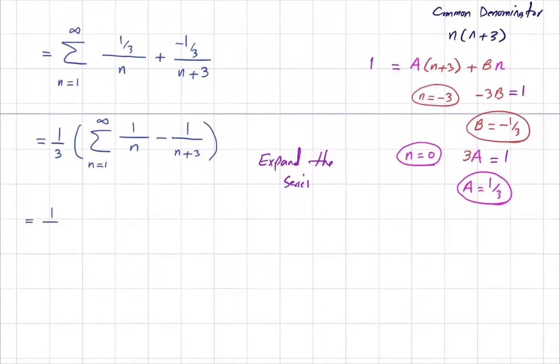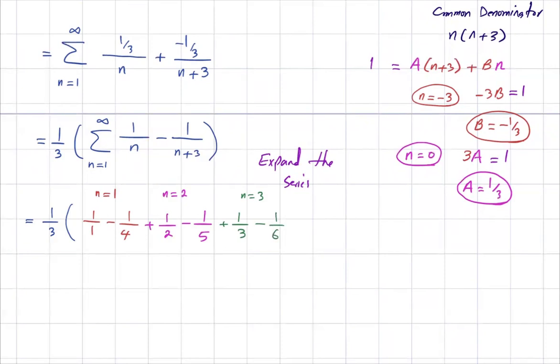Here you have 1 over 3. And if you plug in 1, when n is equal to 1, what do you get? You get 1 divided by 1 minus 1 divided by 4. When n is equal to 2, you get 1/2 minus 1 over 5. When n is equal to 3, what do you get? You get 1/3 minus 1 over 6.